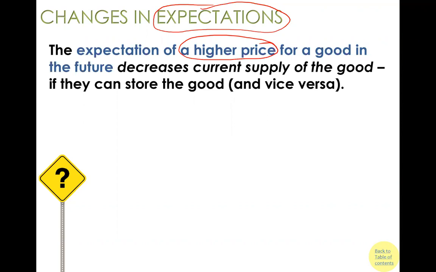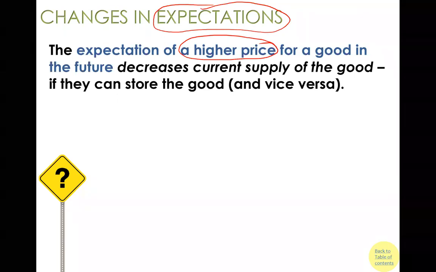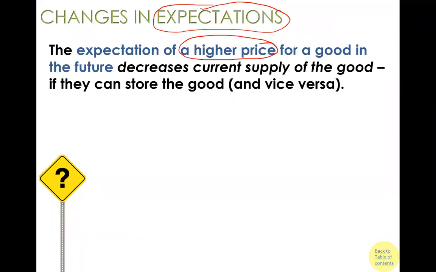If everyone expects the price of a good or service will be higher in the future, what happens to the demand? On the demand side, they are going to increase demand to avoid paying higher price in the future. But when we move to the supply side, if everyone expects higher price in the future, the supply side will hold on the supply to get higher profit in the future.